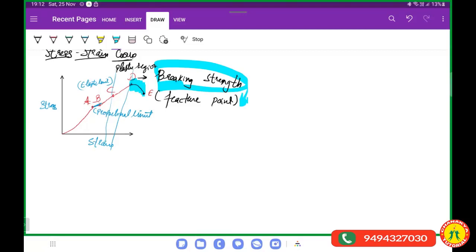And ductile material is something that could be drawn into thin wires. If I take the same material, how do I make it ductile and how do I make it a brittle material? I want the same material to be used in both places. Can we do that? Is it possible?